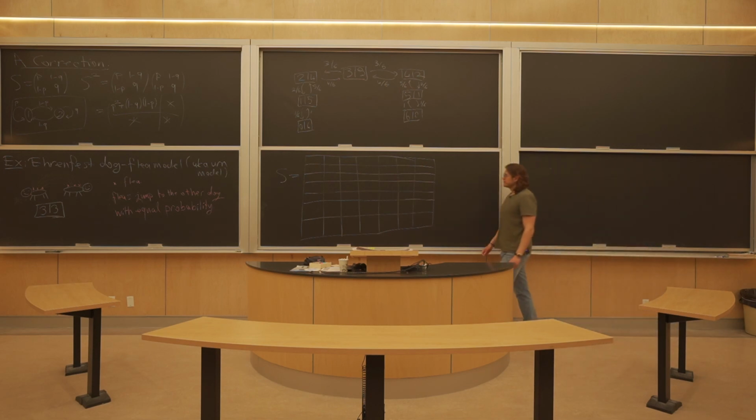So the way to store this is like this. I want to say in the ijth entry, I'm putting in the probability of switching from state j to state i. Let me write that.